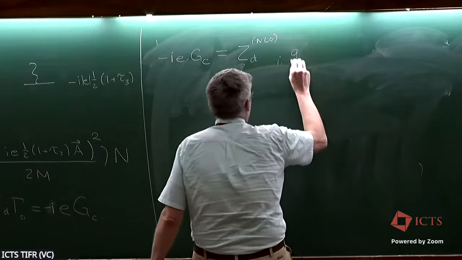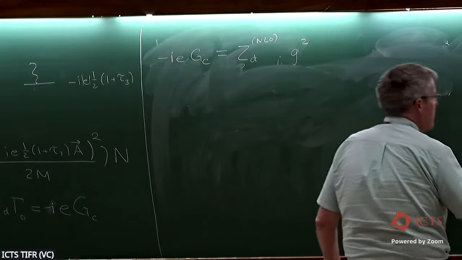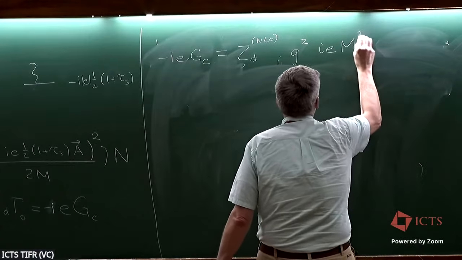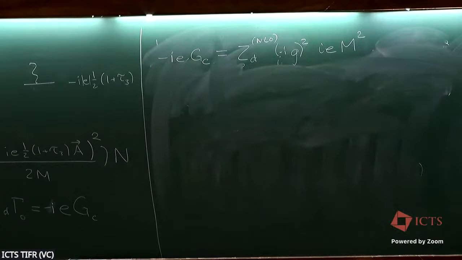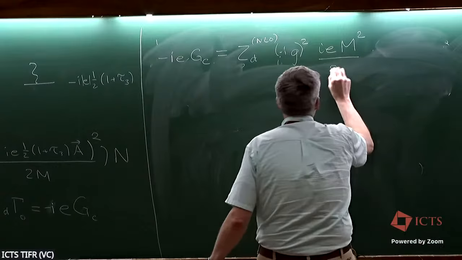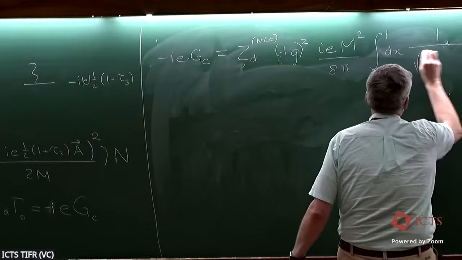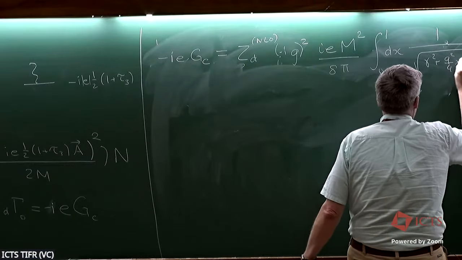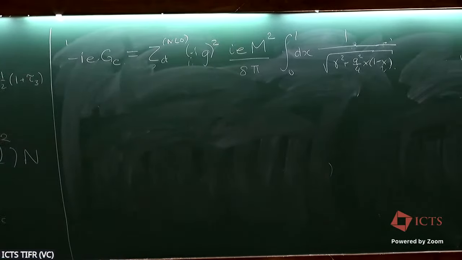So times g squared times minus i g squared times i e M squared over 8 pi, integral 0 to 1 dx, 1 over the square root of gamma squared plus q squared over 4 x(1 minus x). In other words, we can write down the same loop diagram, go through all the same steps, but the point where things change is when we take the result for this loop diagram and multiply it by the wave function renormalization.